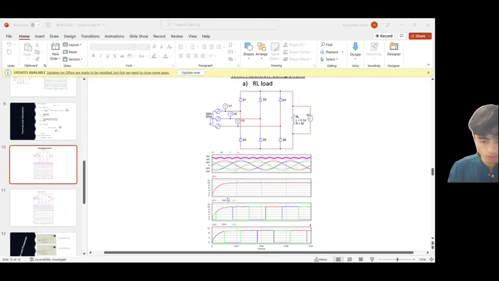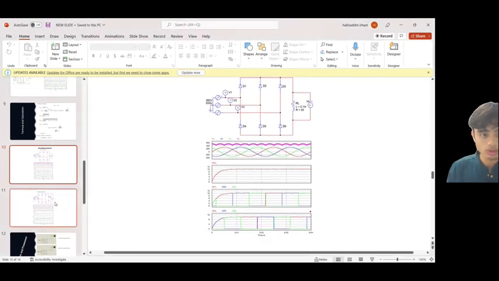For the RL output waveform, the principle of the diodes is the same as the R load connection, but the difference from R load is the fluctuation of output current for RL load, which makes the ripple waveform begin to be small, and it is because an inductor doesn't allow the current through it to change suddenly.